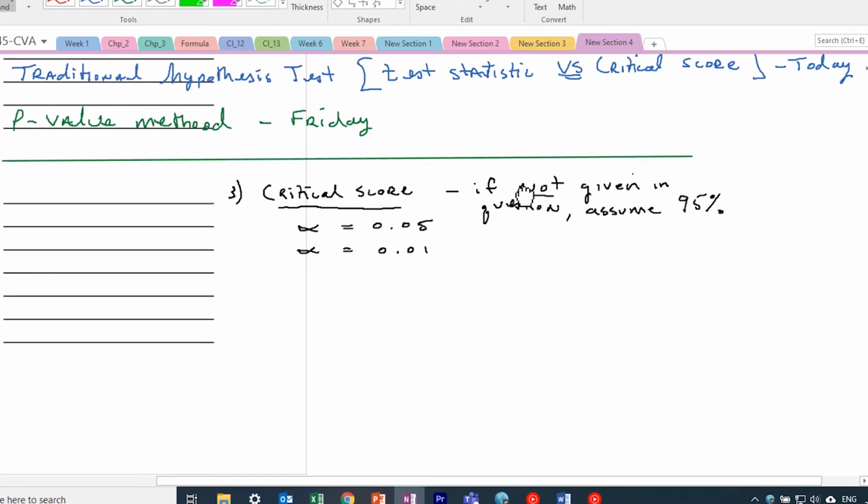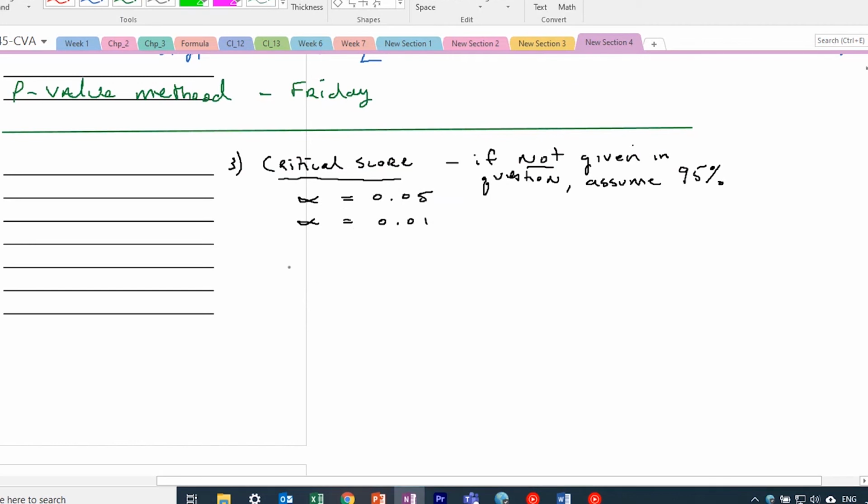And so your critical score, because it's a one-tail test, what a one-tail test means, if you go back to your hypothesis, is that the alternative is that it's greater than 0.5.